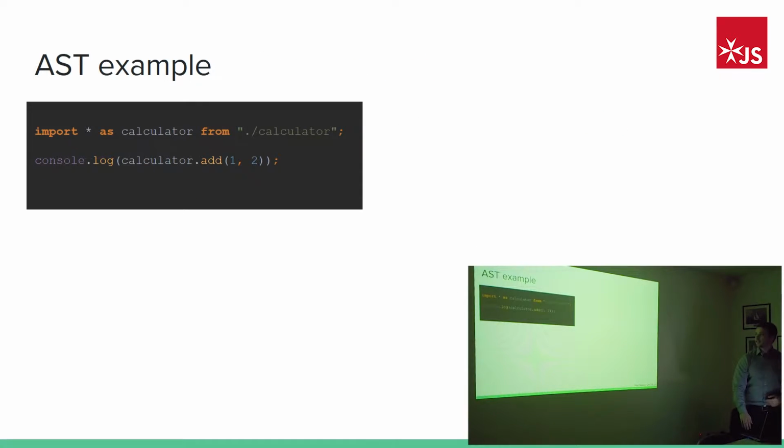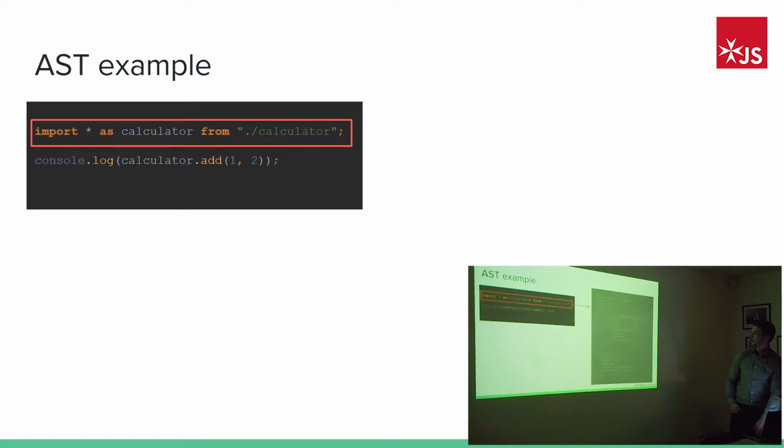But how does the ESTree actually look on an example? So we have this code. The first line is an import statement. If we parse this code, it will look something like this.